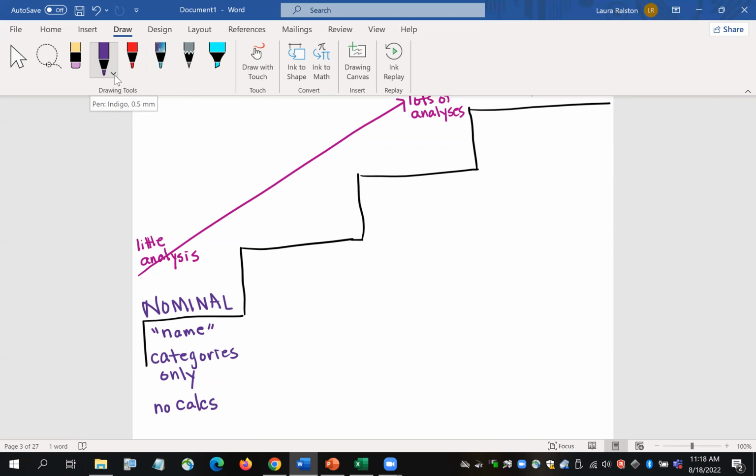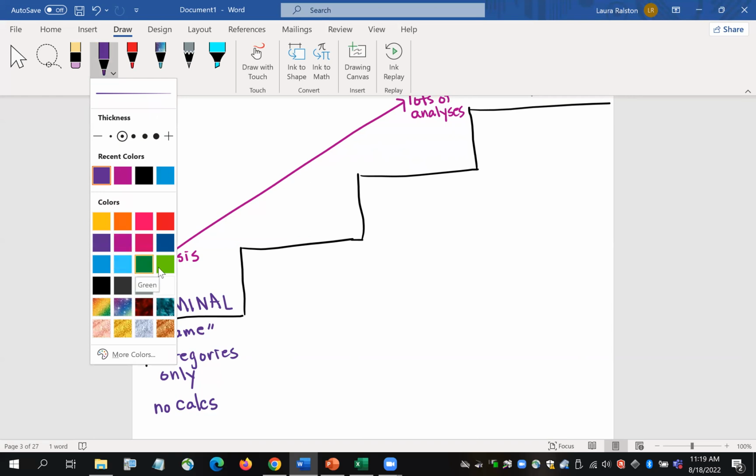So nominal would be things like eye color, gender, your particular field of study, your pathway, the types of movies, like the categories drama, comedy, horror, sci-fi. Again, those are just categories.